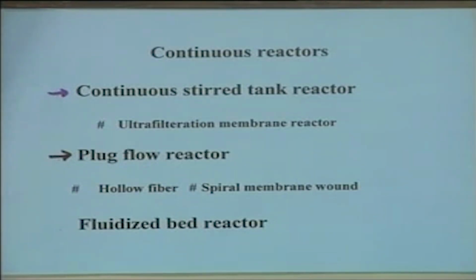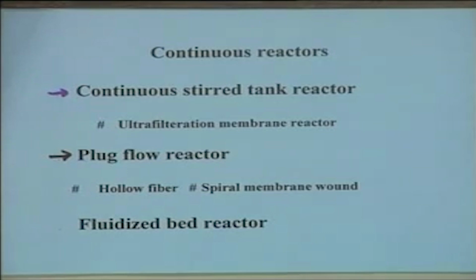It can be easily packed into the system and can provide a very high catalyst density, enzyme density, in the reactor system. And obviously, the higher the catalyst density, the overall reaction rate can also be very high, because the enzyme concentration per unit volume will be much higher compared to a CSTR.